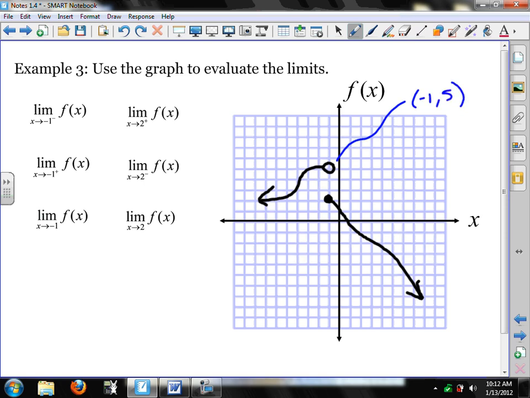The defined point is right here at -1, 2. And the other important point is actually right here at 2, -1. So just spend a minute or two sketching that graph. It doesn't need to be perfect, but those 3 points are the 3 important points that we're looking at. And we're going to evaluate several one-sided limits.